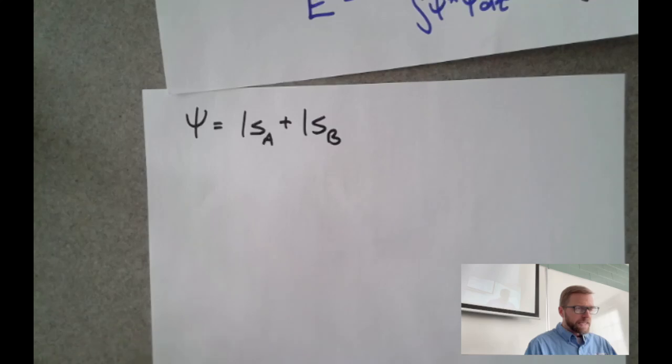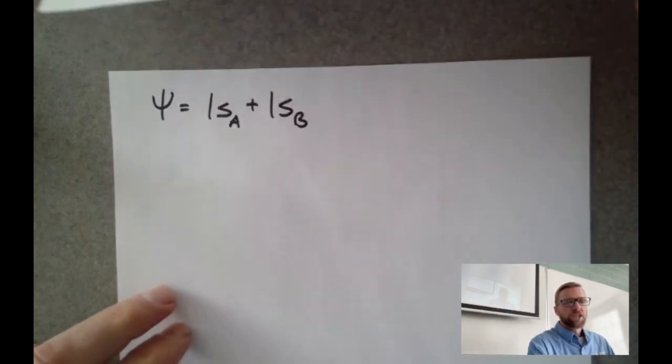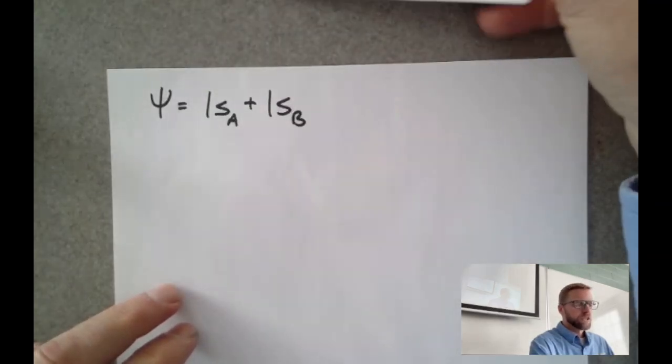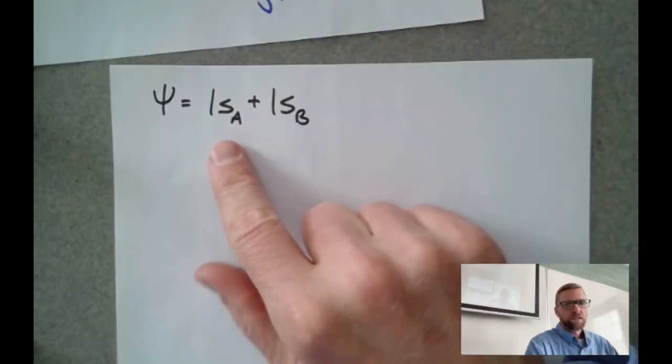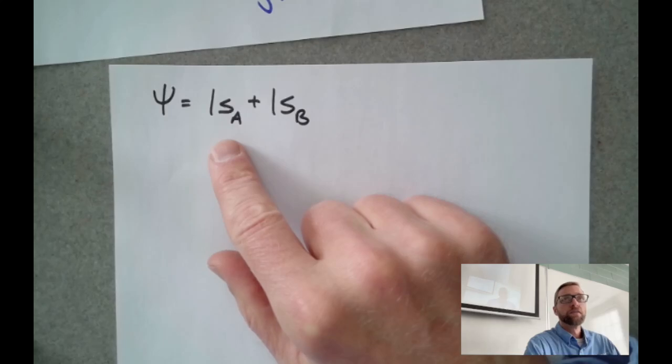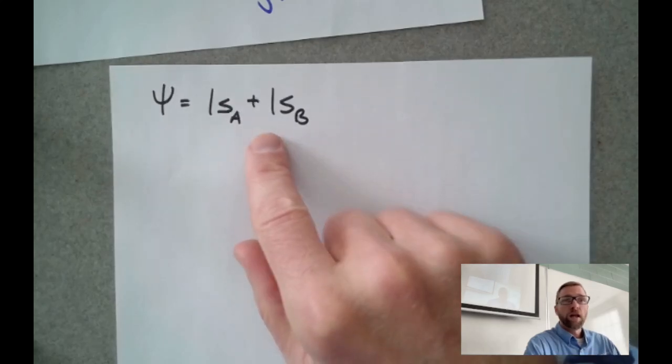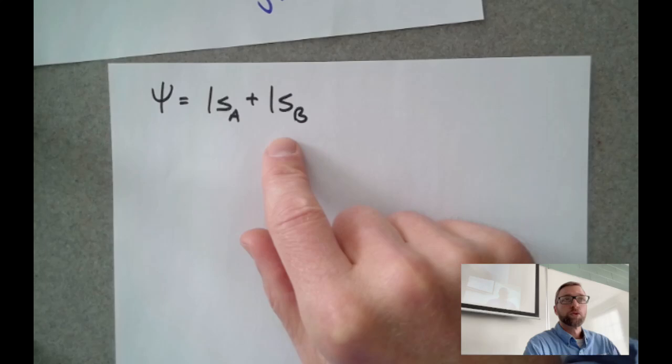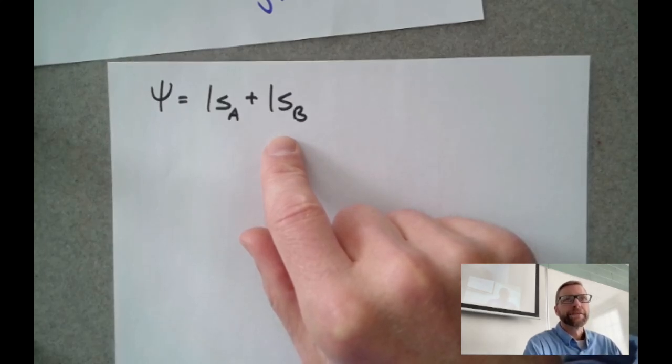Our starting guess is that the wave function is a linear combination of a 1s orbital on proton A plus a 1s orbital on proton B. And you're like, wait, this is not antisymmetric.